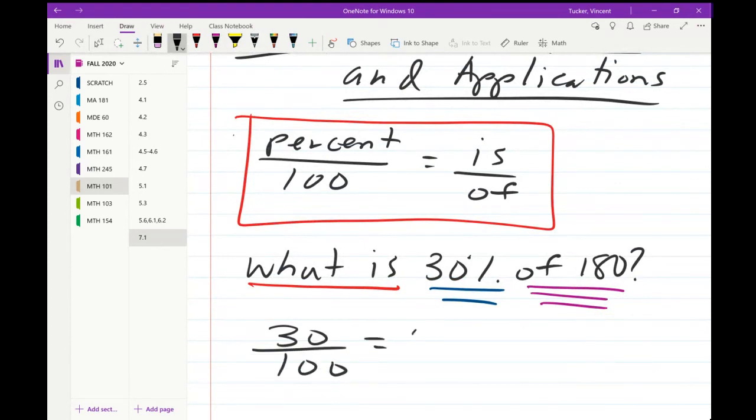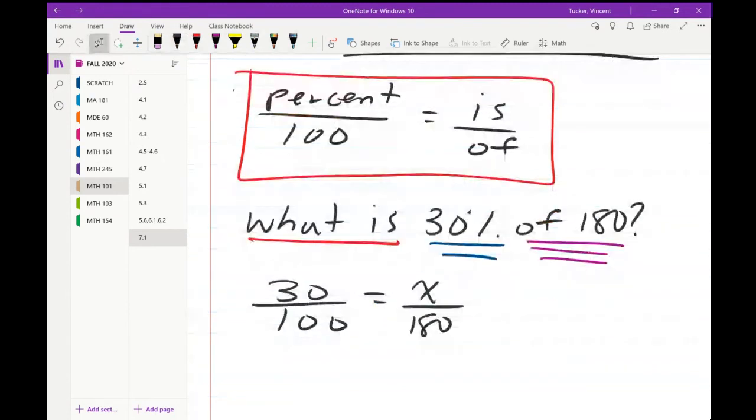Is your unknown. It says what is, and then of is 180. All right, questions on the setup? So whatever's closest to your is, whatever's closest to your of, and then whatever your percent. That's how we are looking at that.